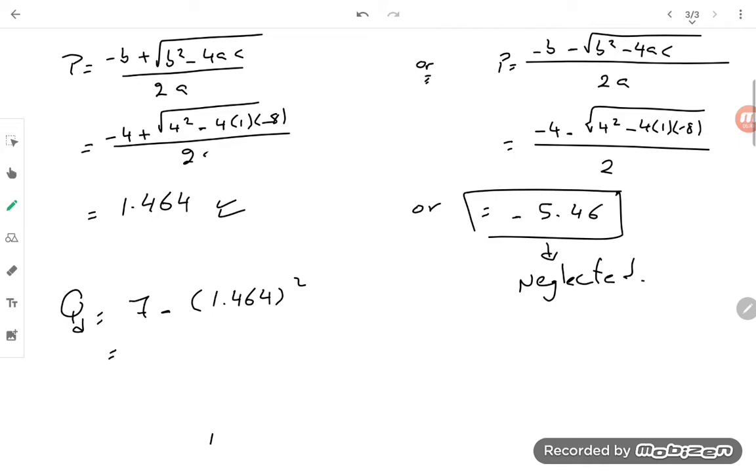So the answer will be 4.65, or you can substitute in QS. It will be 4 multiplied by 1.464 minus 1. So the value will be 4.85. So this is how to get equilibrium in the case of the quadratic model.